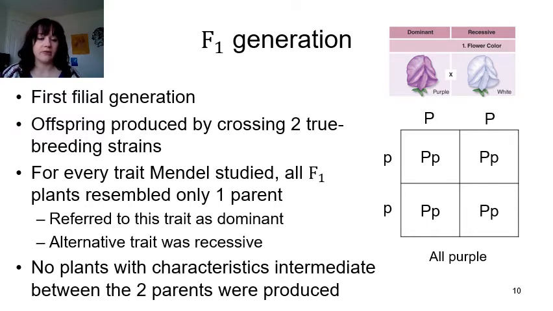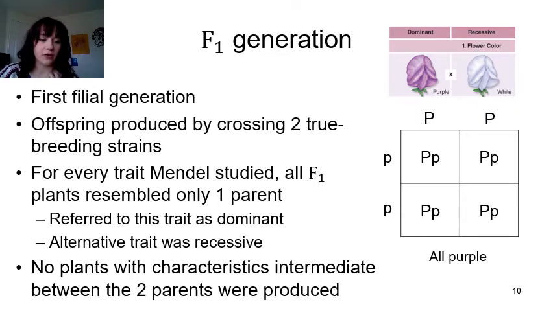Okay? So for every trait he found, this happened, whether it was flower color or pea pod shape. When he would cross 2 true breeding or homozygous strains, all of the offspring would look the same. Right? And so that was how he was able to discover this property of dominant and recessive traits. He was the one that showed that.